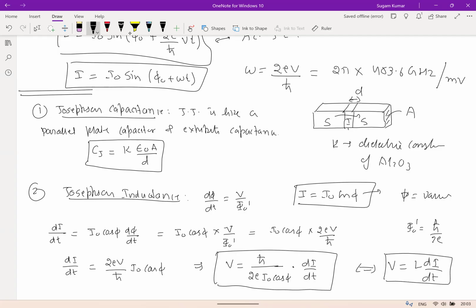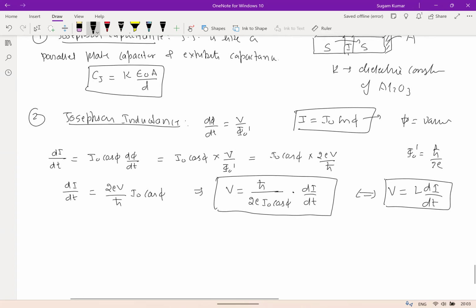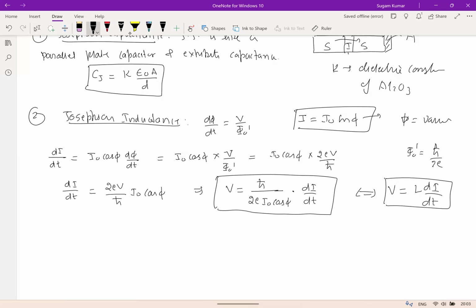When you have an inductor and the current is varying, that change in the current is going to produce a voltage. It means if you compare here, I can write V equal to Lj into dI by dt.